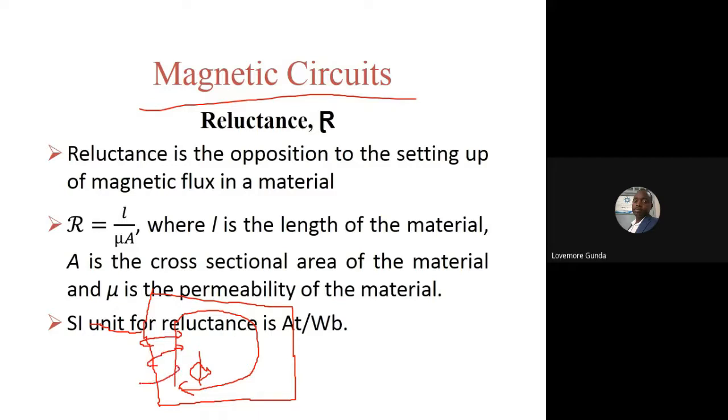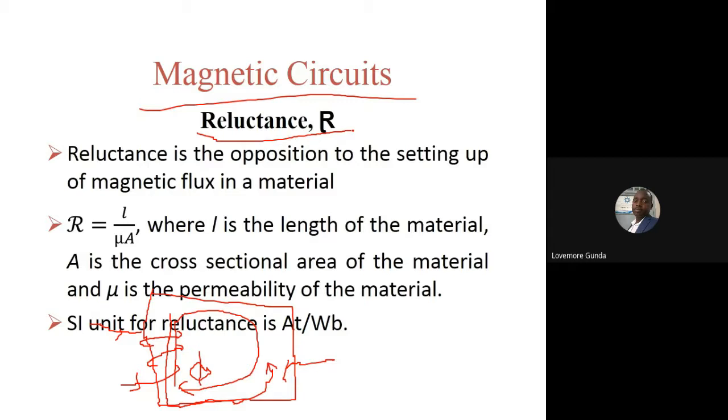As a result, the flux will go in that direction using your right-hand rule. Then, this material in which the flux flows also offers some opposition to the flow or establishment of flux, and that opposition is what we call reluctance.